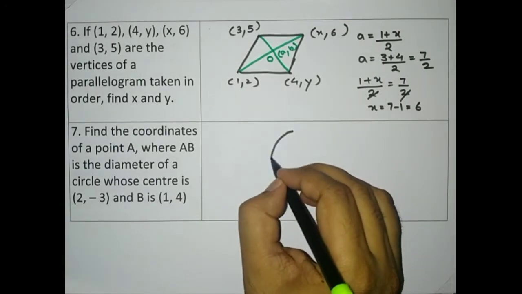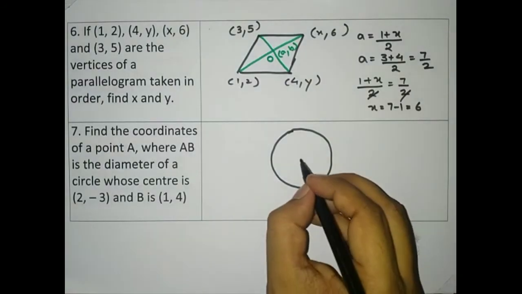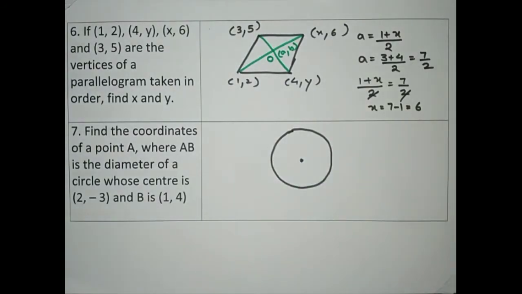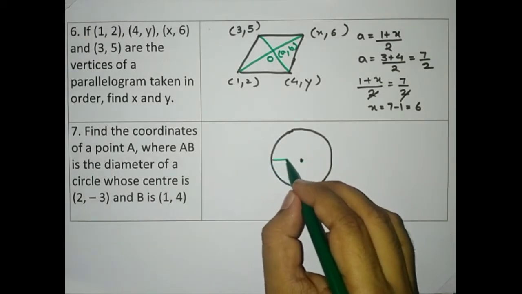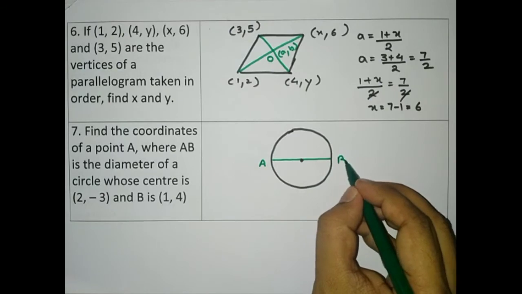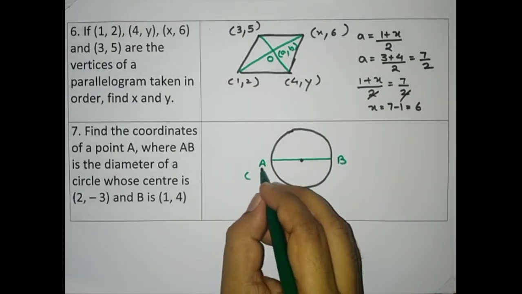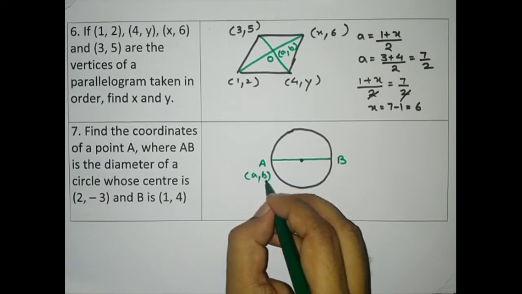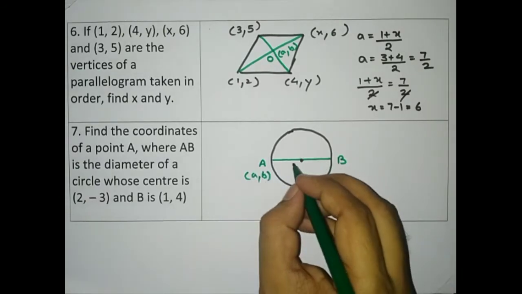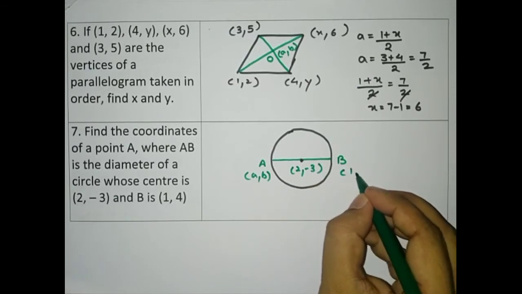Question number 7 says there is a circle whose terminal points of diameter are A and B. We know that a diameter always passes through the center. The coordinates of the center are given as 2, minus 3 and point B as 1, 4.